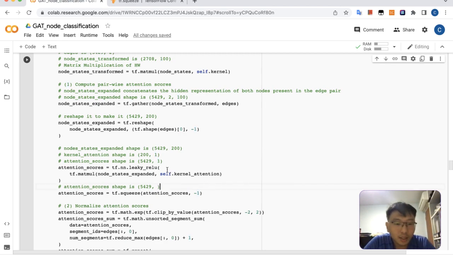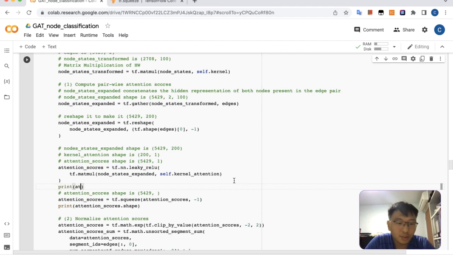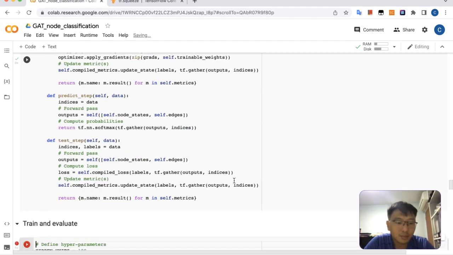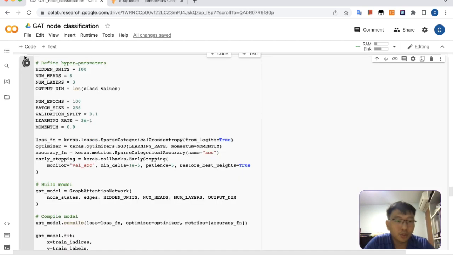Okay, we can just print the shape here just to check it out. But I'm quite sure that this is what is happening at the back end. Yeah, correct. So this is what is happening for the attention weights.